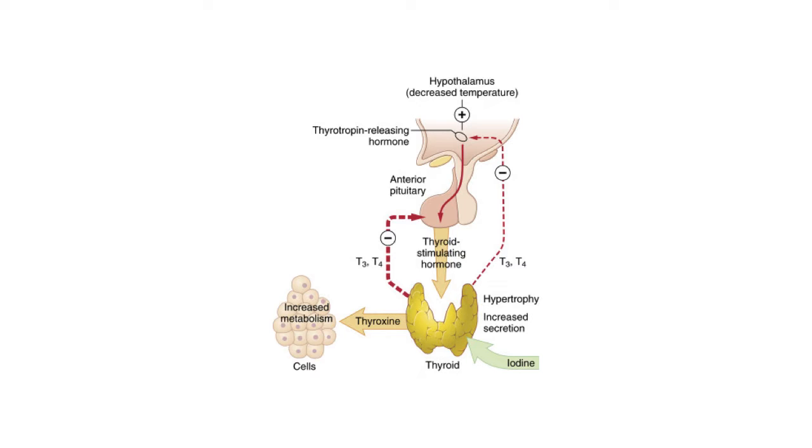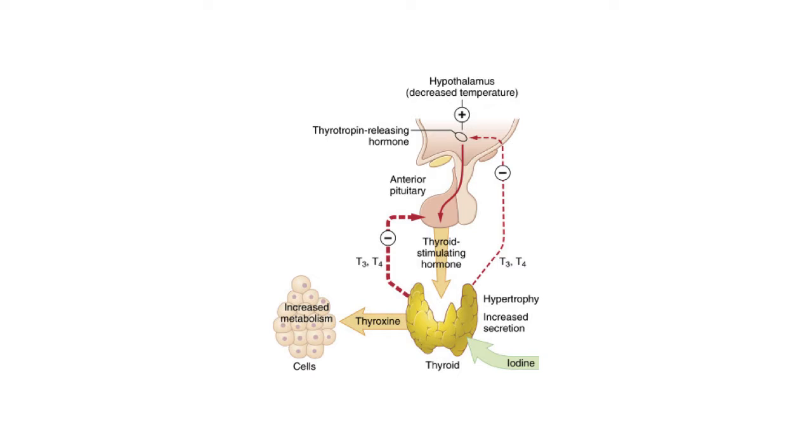In response to thyroid stimulating hormone, the thyroid gland will ramp up its synthesis of thyroid hormone as well as its resorption of colloid, and it will release thyroxine, which is T4, or smaller quantities of T3, triiodothyronine, the two forms of thyroid hormone, into the circulation.